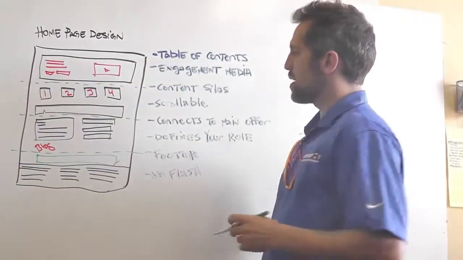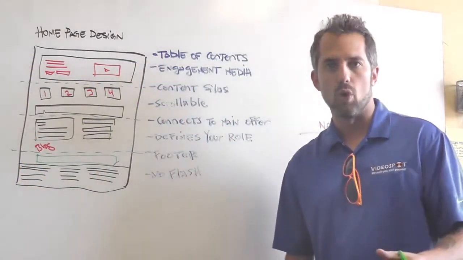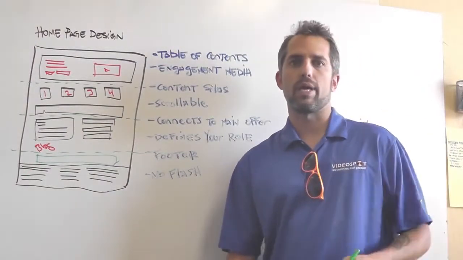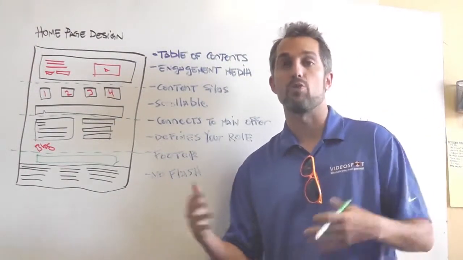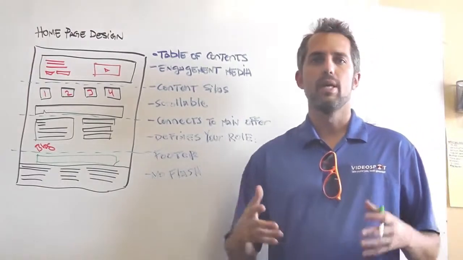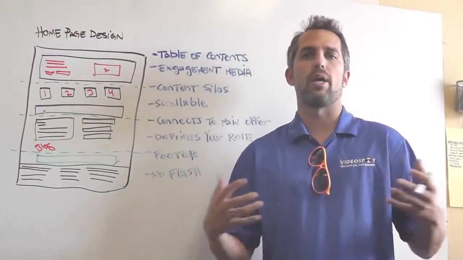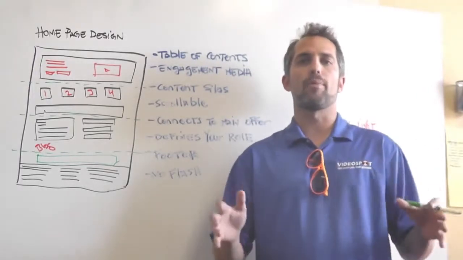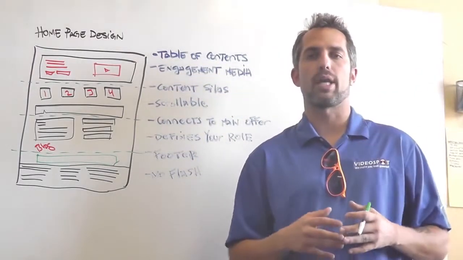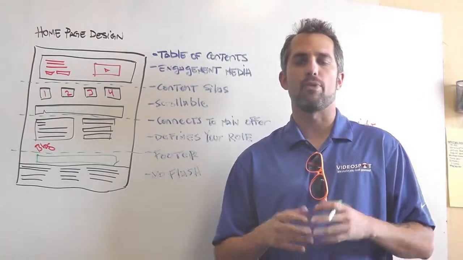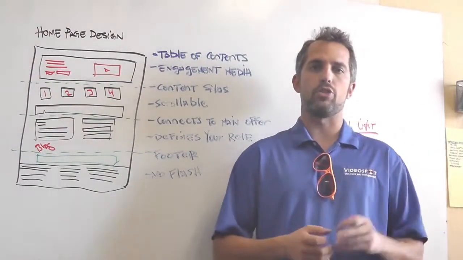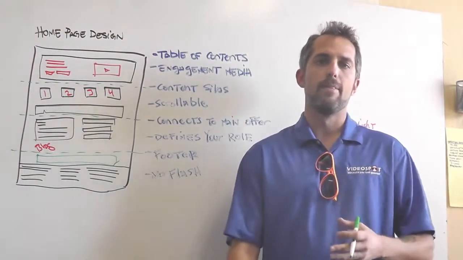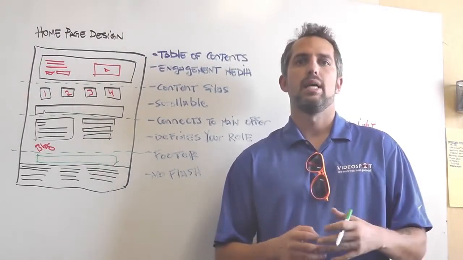The next thing is that your homepage should define your role in the life of the viewer. Right when you go to my homepage, we hope, and we're constantly improving, that you see that we want to be your online marketing specialist. We want to be the company that you work with on a permanent basis to handle your online marketing. When you go to the FreshBooks homepage again, you see that they want to play the role of the invoicing specialist.